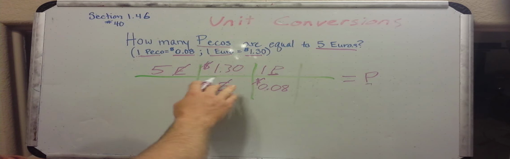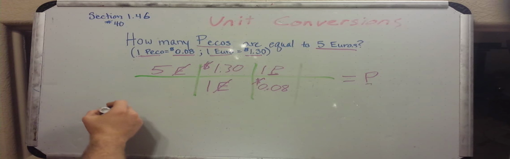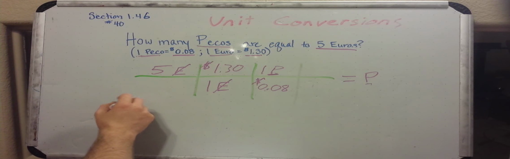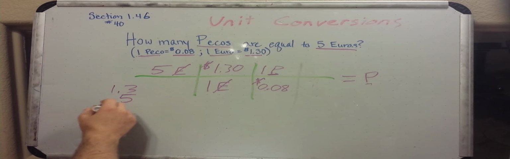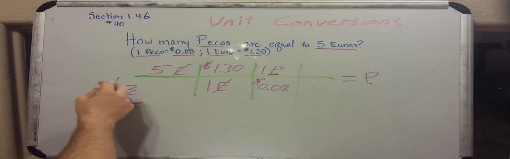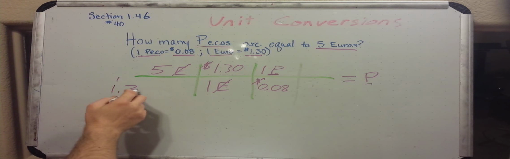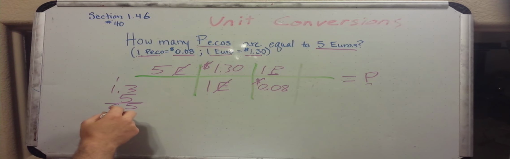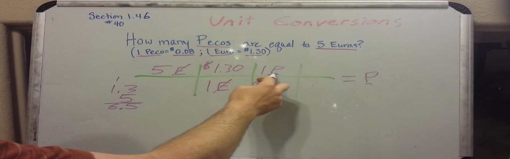Anyways, so now let's solve 5 times 1.3 times 1 peso. So we're going to start 5 times 1.3. So 5 times 3 is 15. 5 times 1 is 5, plus 1 is 6. We have 1 decimal place, so we just need to move this to 6.5. 6.5 times 1 peso.